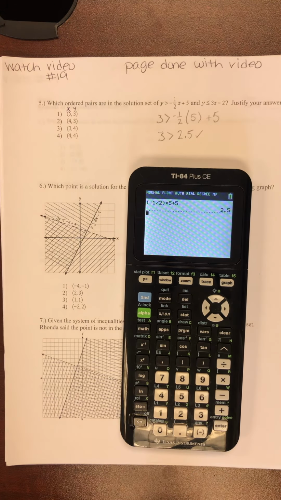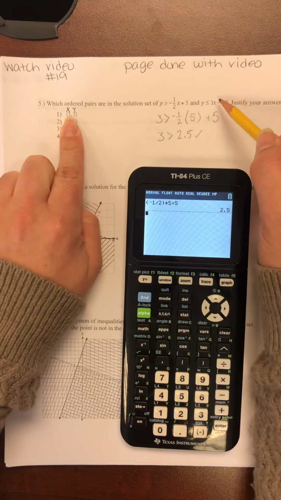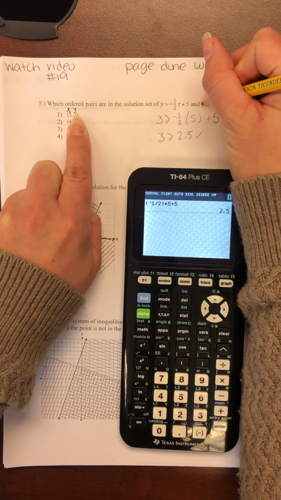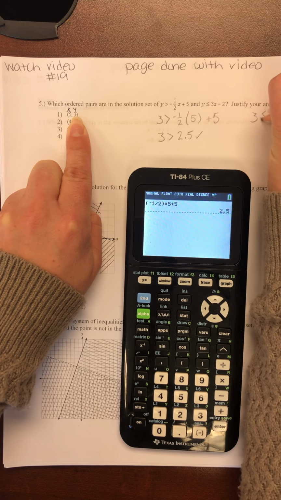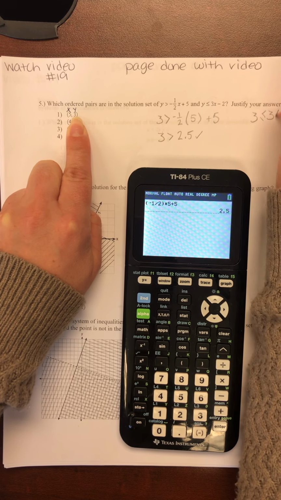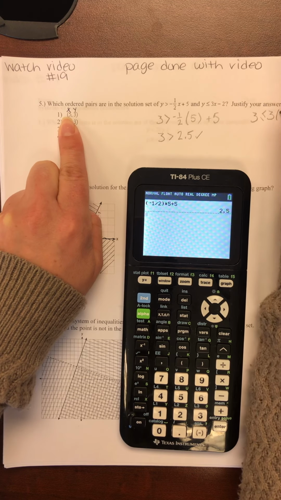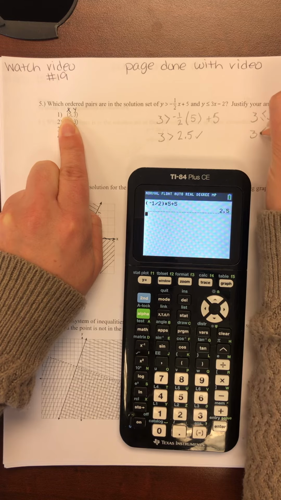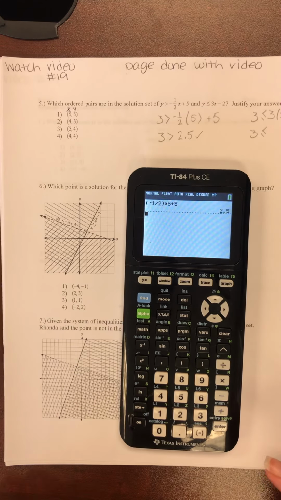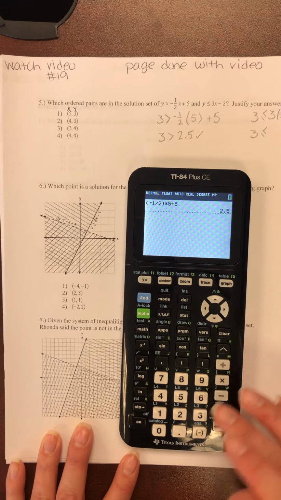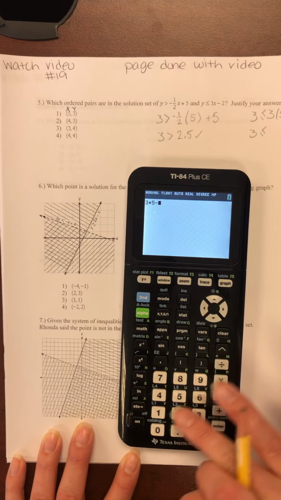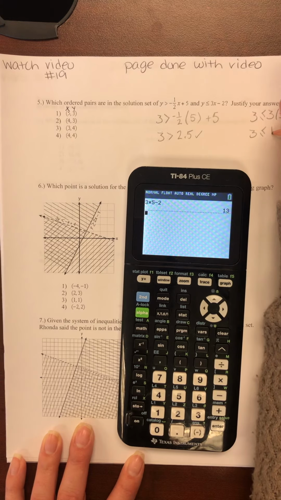So this could be my answer, but now I have to make sure that this point also makes the other inequality true. Where y is, I'm plugging in 3, is less than or equal to 3 times x, x in this case is 5, minus 2. So I have 3 times 5 minus 2, which is 13.